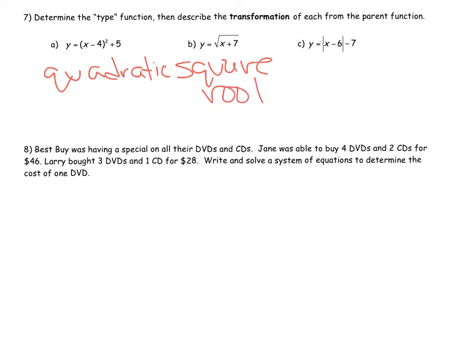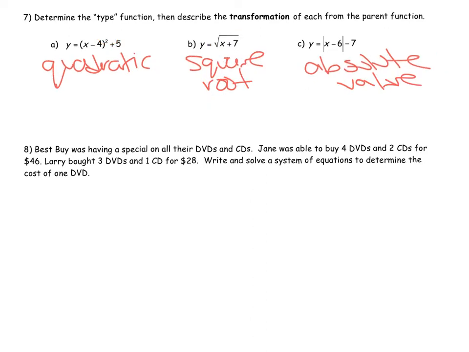Please be careful, a lot of you are confusing the two. A quadratic has a squared in it, and a square root has the radical symbol. And for letter C, that's our absolute value function. But the question also asks you to identify the kind of transformation from the parent function. So let's go through this.